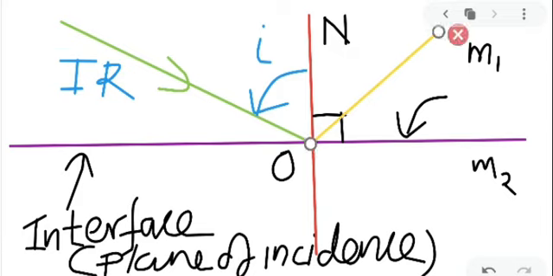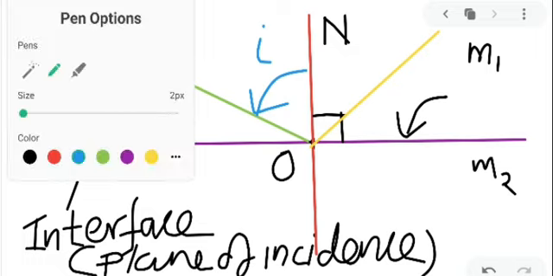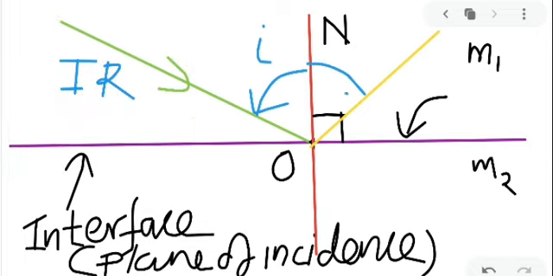The incoming incident ray could reflect back if the interface was a reflecting surface. Even if it is not a perfectly reflecting surface, there can be partial reflection. This is called partial reflection because not the entire incident ray is reflected, but only a part of it. So a part of the incident ray is reflected, and this angle with respect to the normal was called the angle of reflection.